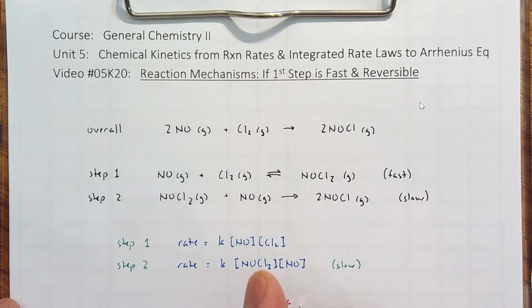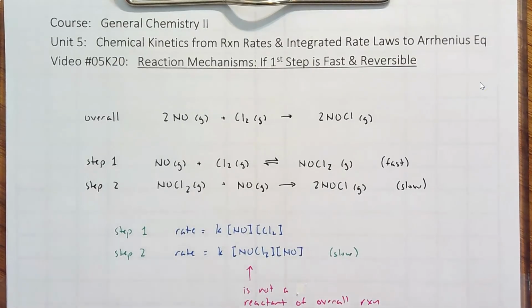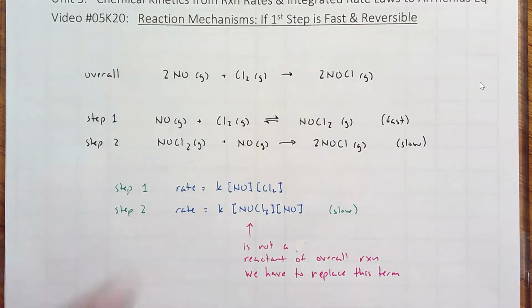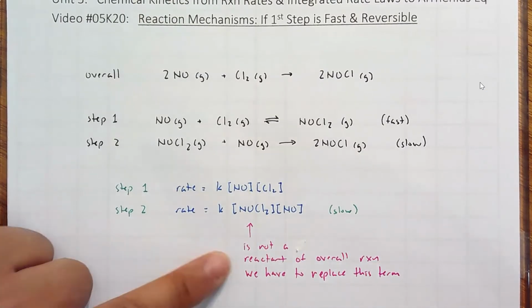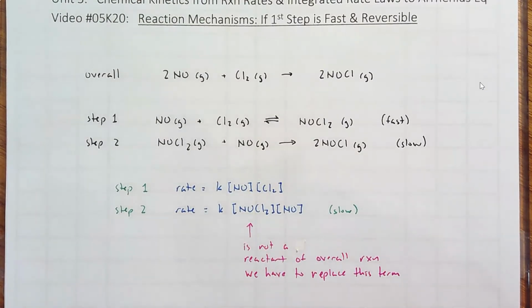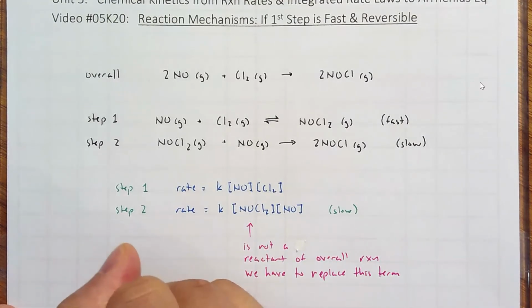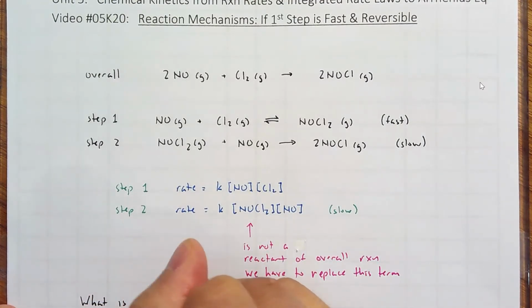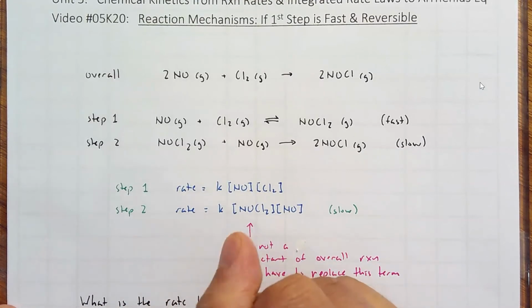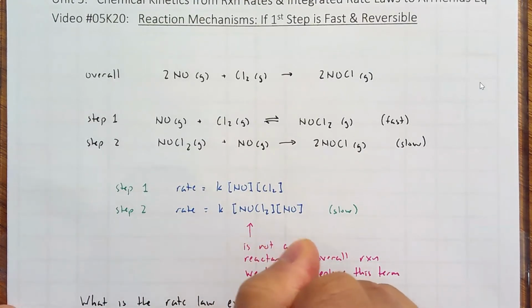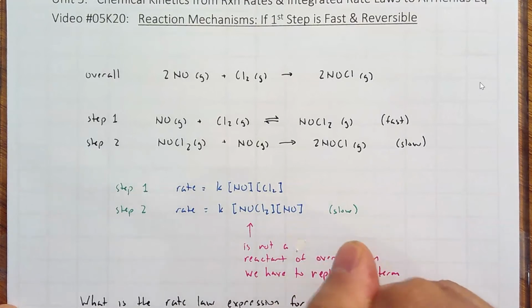We have to replace the term. Okay, let me write, oh man, you don't see that. NOCl2 is an intermediate and it's not a reactant of the overall reaction. So the question is, what is the rate law expression for the overall reaction?